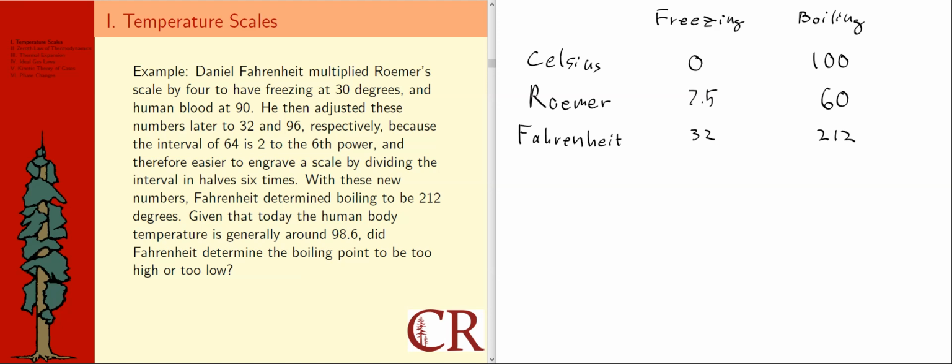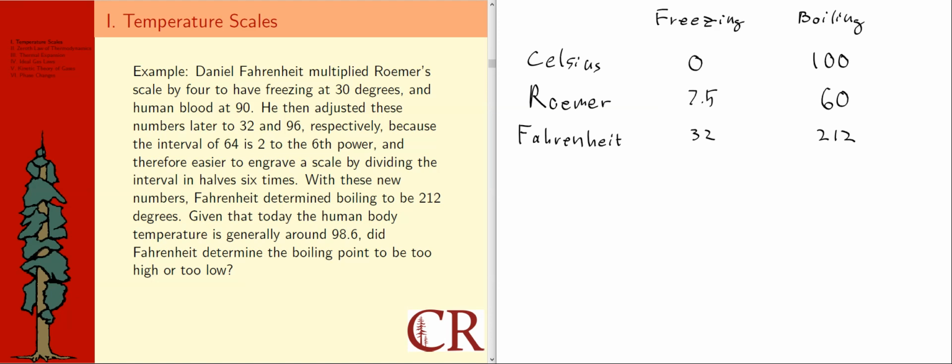With those new numbers, Fahrenheit determined boiling to be 212 degrees, and so the perspective on this is that that was something he did experimentally. Given that today the human body temperature is generally around 98.6, did Fahrenheit determine the boiling point to be too high or too low?